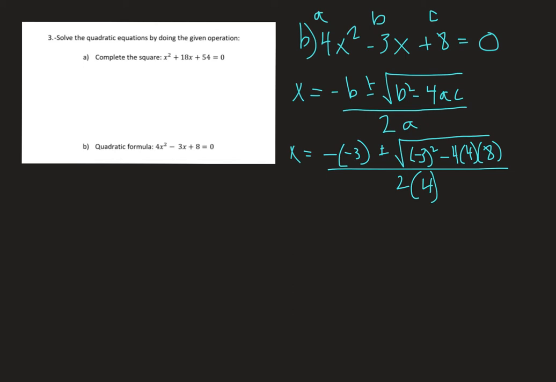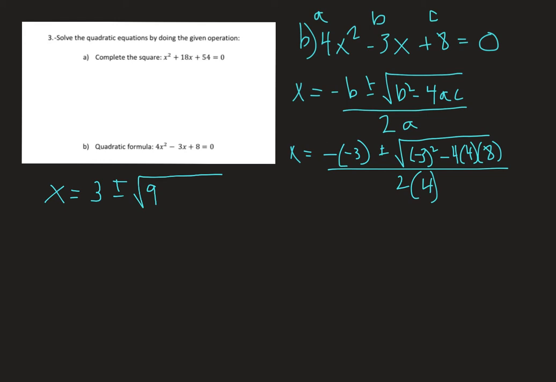Okay, so then we're going to start simplifying that answer here. So we've got x equals negative negative 3 is 3 plus or minus the square root of negative 3 squared is 9. And then we have 4 times 4 times 8.